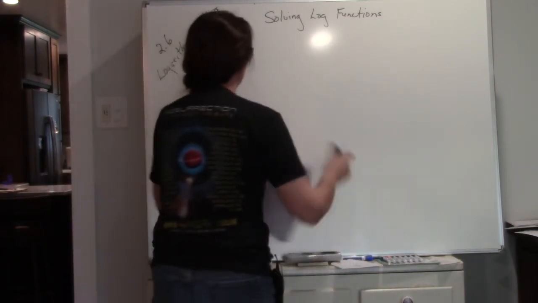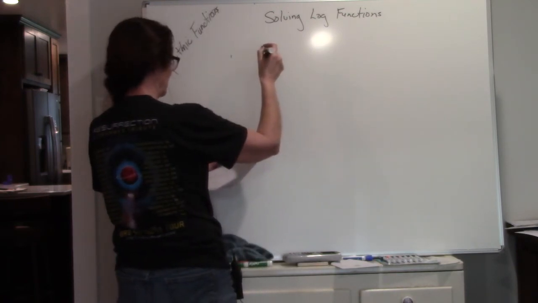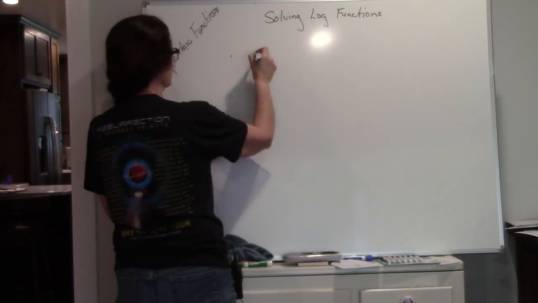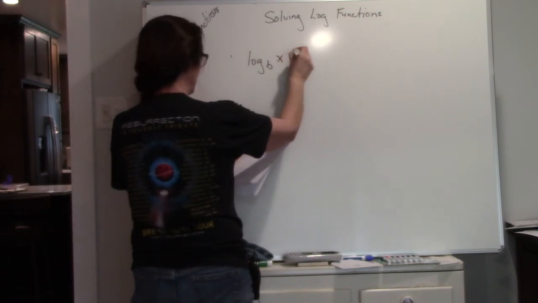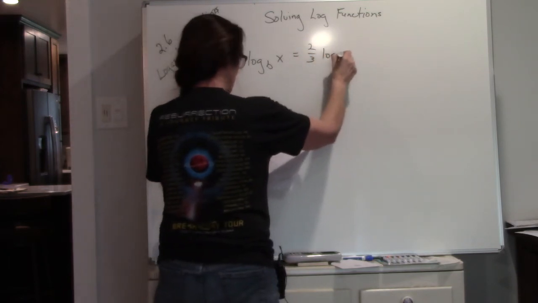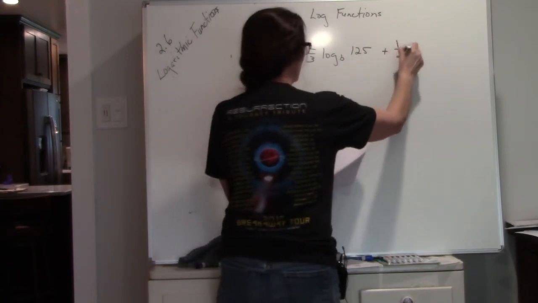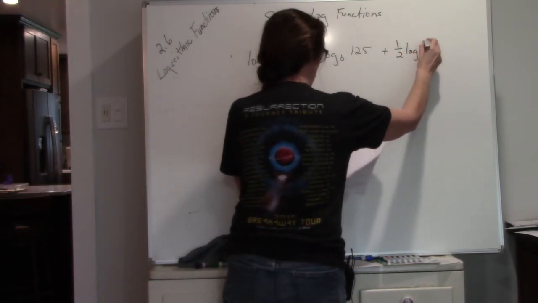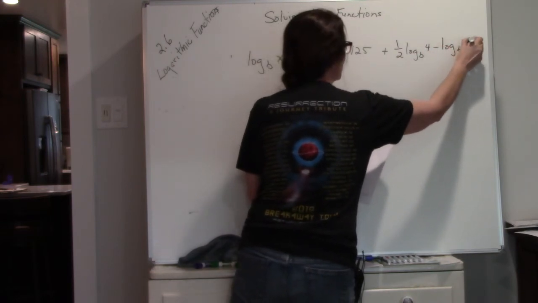All right, how about this one? This one has fractions in it, so we're going to go ahead and do this one. So we have log base b of x equals 2/3 log base b of 125 plus 1/2 log base b of 4 minus log base b of 10.